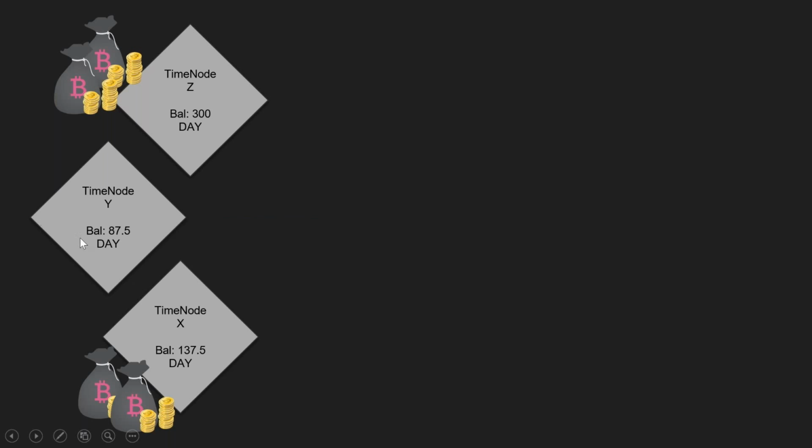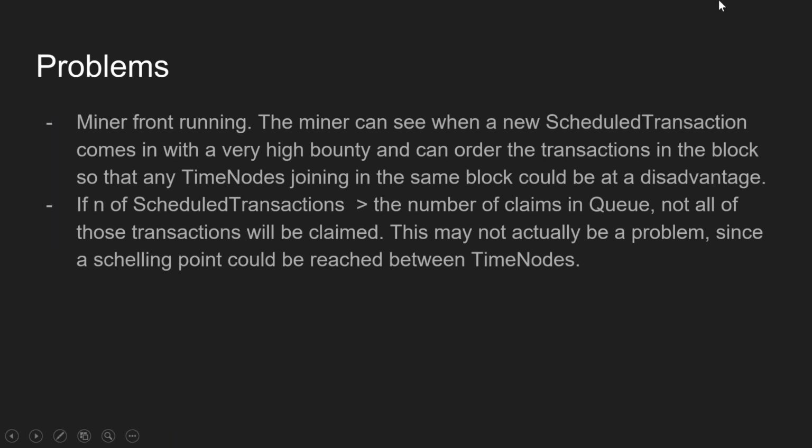Now it has less day than before, but time node X down here, because it was online the whole time, now has more day than it started out with. So this isn't the perfect solution yet. It's still in an experimental phase, but it's the direction we're working toward right now.